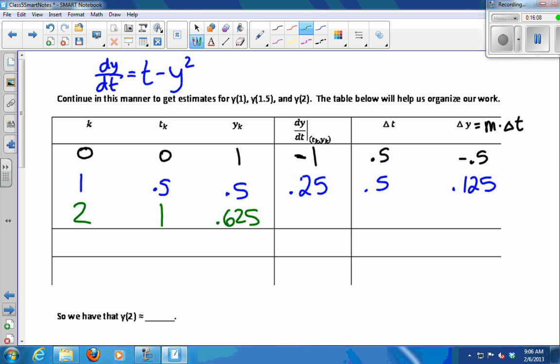And we have another point that should be approximately near our curve. So y of 1 should be approximately 0.625. So we're going to keep doing this until we get an approximation for y of 2, because that was what I asked you to do. All right, so calculate a new dy/dt. 1 minus 0.625 squared.